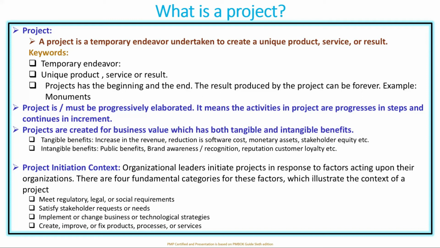So the four fundamental categories are: meet regulatory, legal or social requirements, satisfy stakeholder requests or needs, implement or change business or technological strategies, create, improve or fix products, processes or services. So these are broadly classified categories on why the necessity of the project comes.